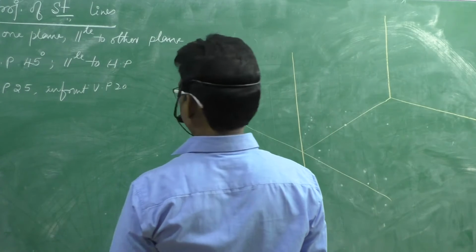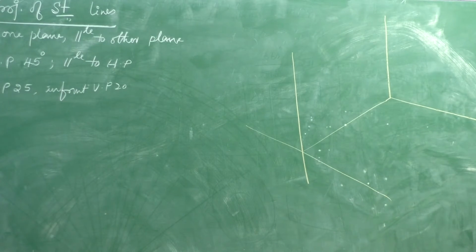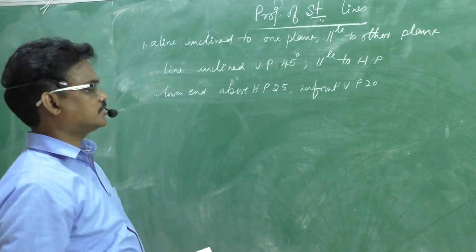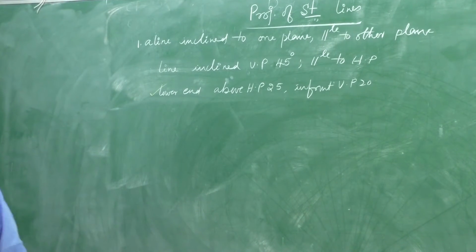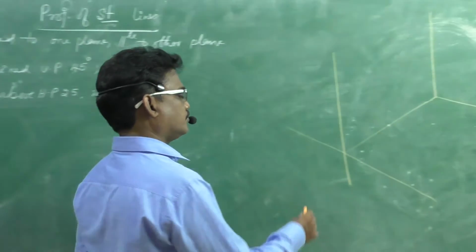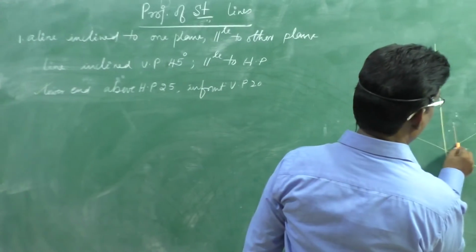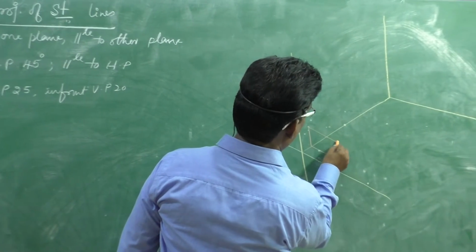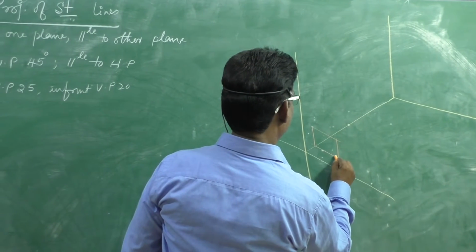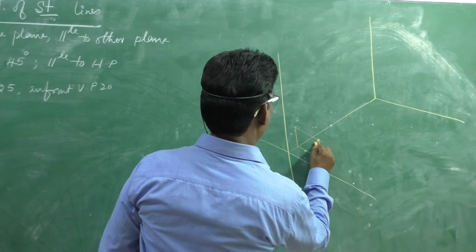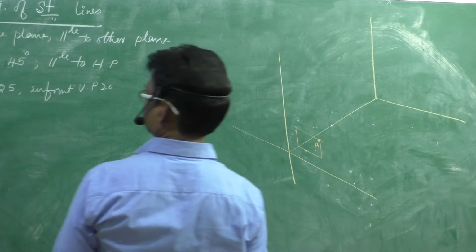This is related to the position of the fixed end. First we need to draw the position of the fixed end. Here the lower end is above HP 25, therefore this is 25, and in front of VP 20. Then this is the respective point A, let the lower end be the A position.